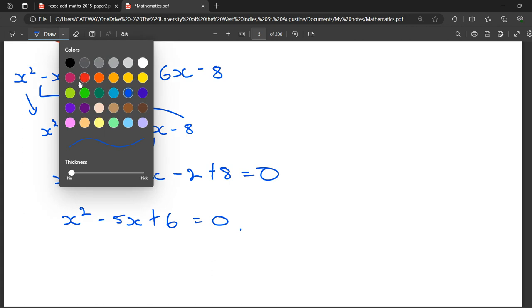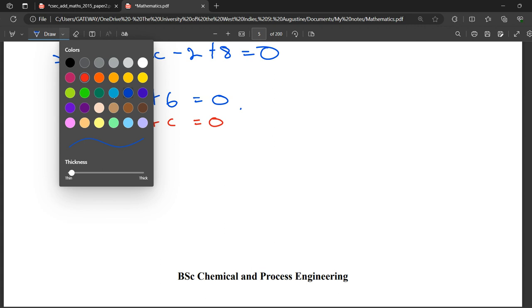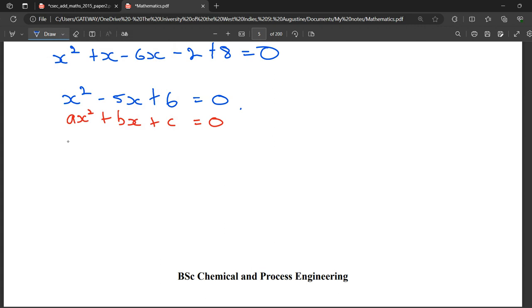So now what we have here is a quadratic equation, and this is of the form ax squared plus bx plus c, and that is equal to 0. So we just factorize this, put our brackets there. We do the shorthand method.